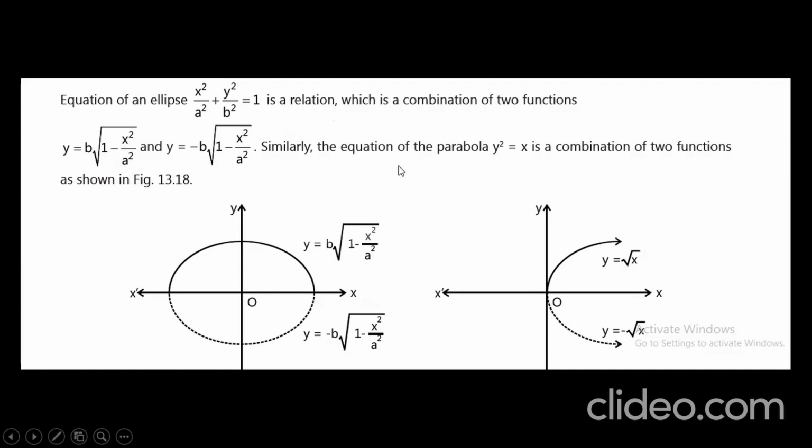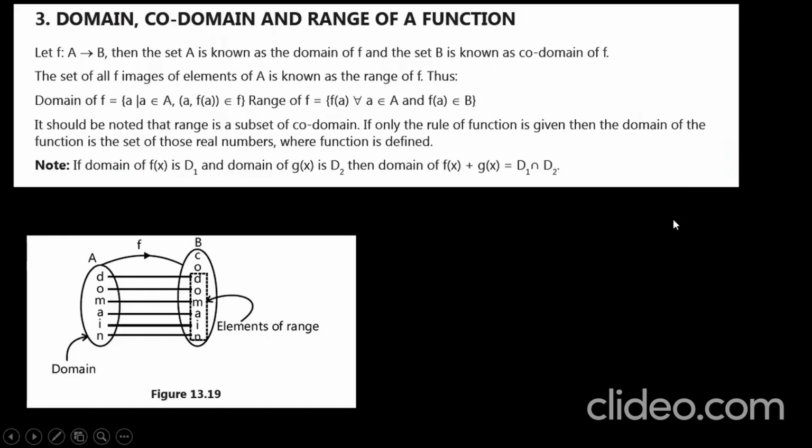You are getting two functions, right? Similarly, the equation of a parabola is a combination of two functions, y is equal to positive root x and negative root x. So you can have two functions like this.